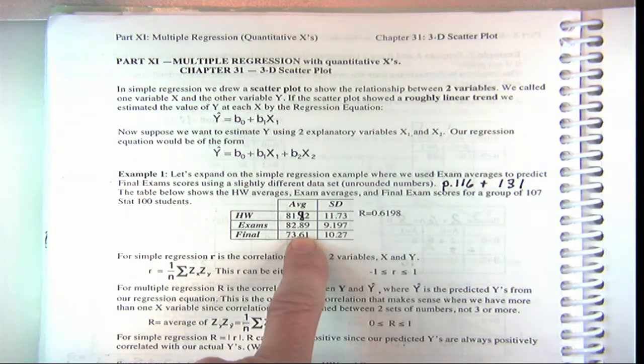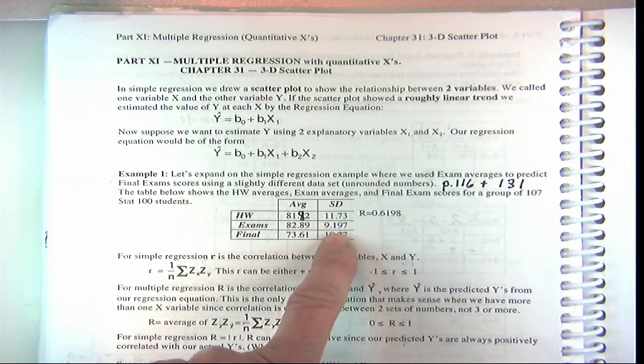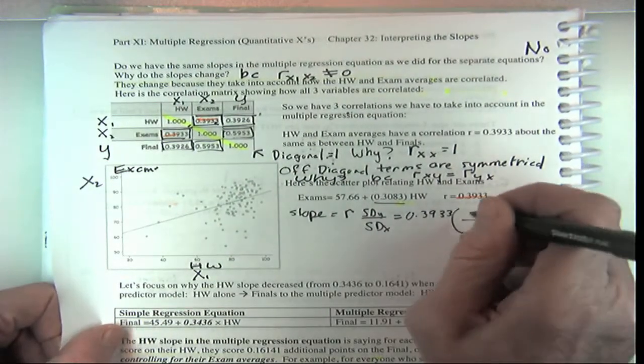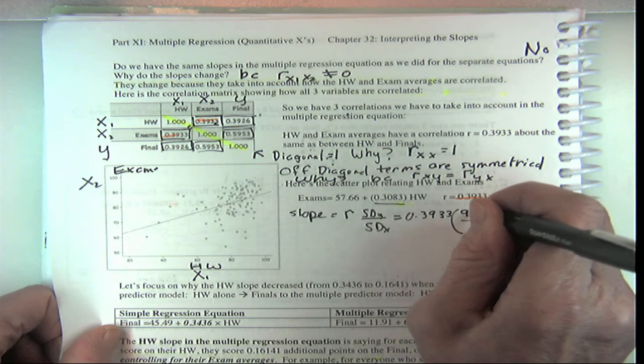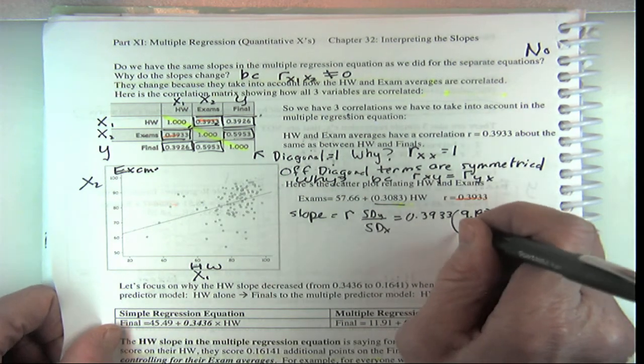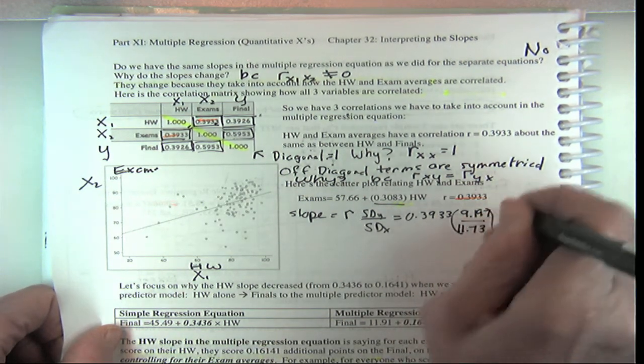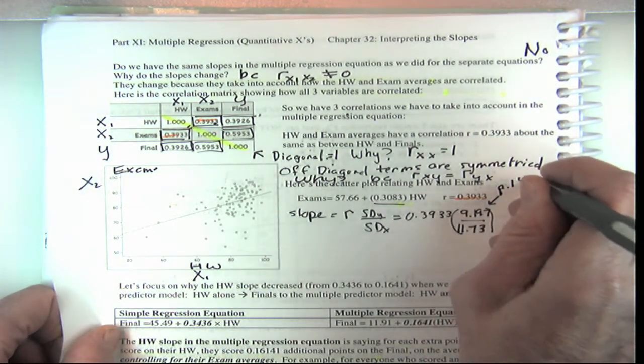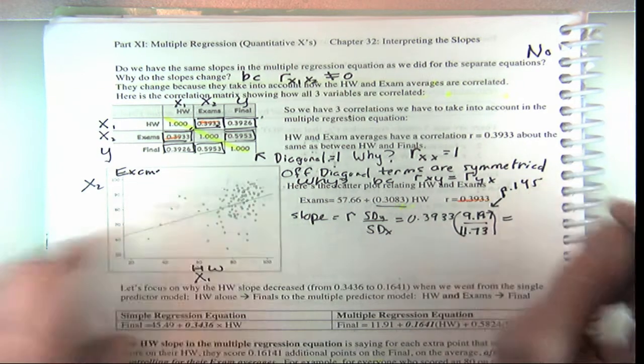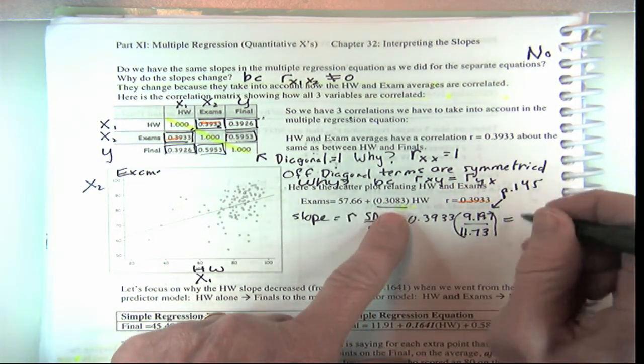So we're predicting exams, so exams would be on top, would be y. So this would be 9.197 over 11.73, and that's from page 145. And that's how this slope right here was gotten.